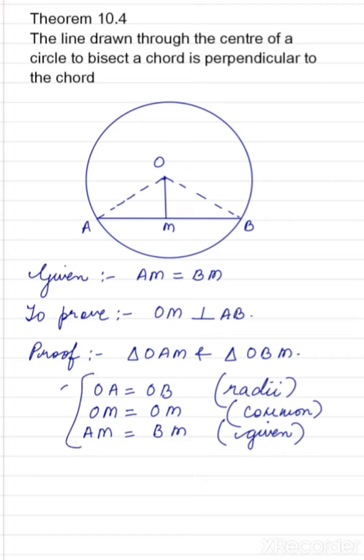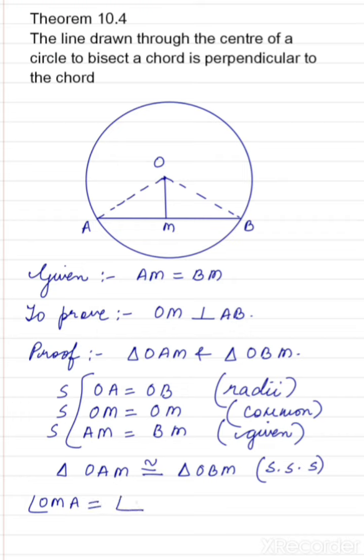Therefore, we may say by SSS the two triangles are congruent. Therefore, we write triangle OAM is congruent to triangle OBM by SSS.